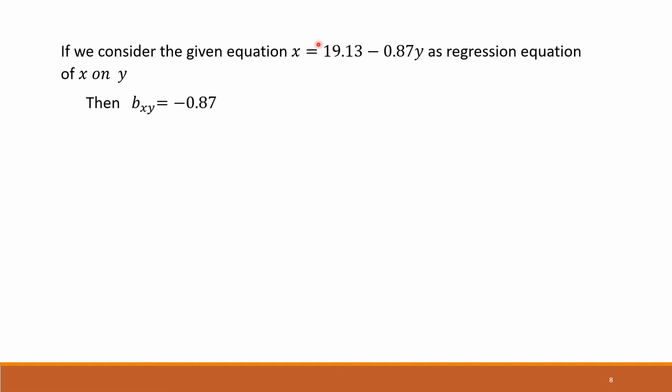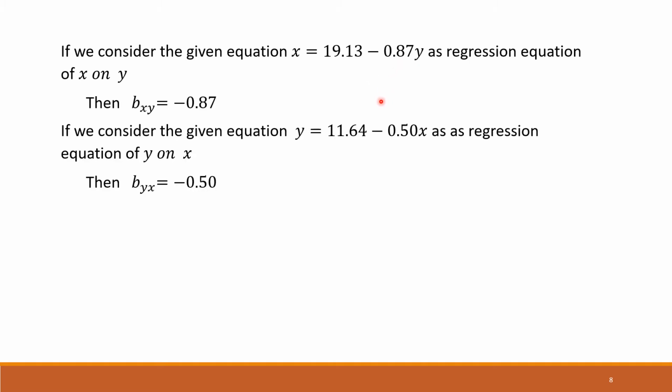Why we are assuming? Because we have left hand side x and the right hand side y. Now when I write it in this form, the coefficient of y on the right hand side will be bxy. Since it is a regression equation of x on y, the coefficient whatever we get will be bxy. So bxy is equal to minus 0.87.